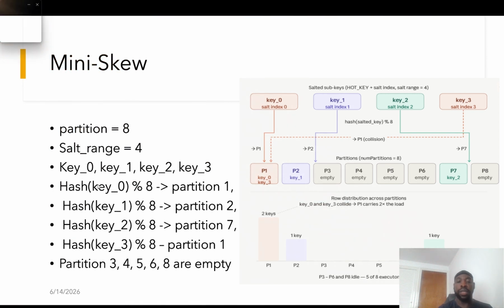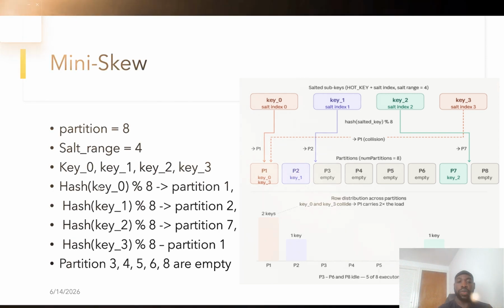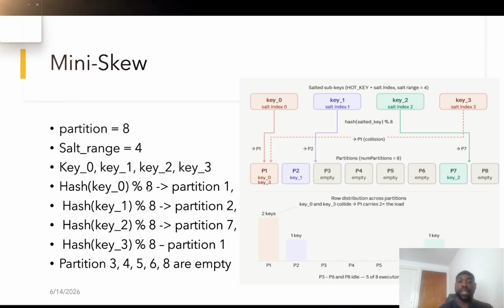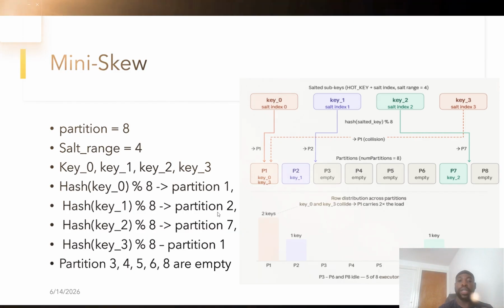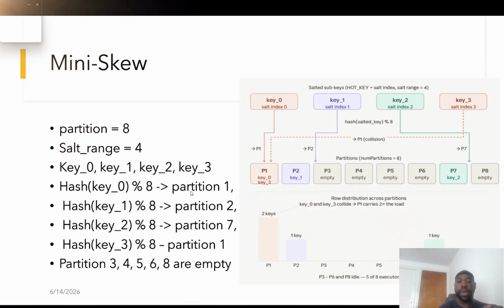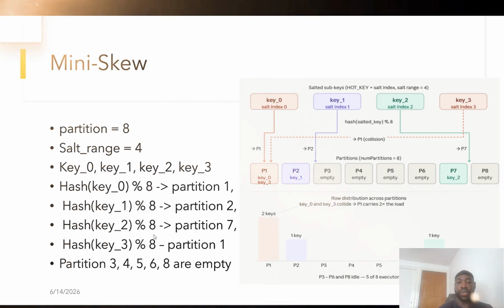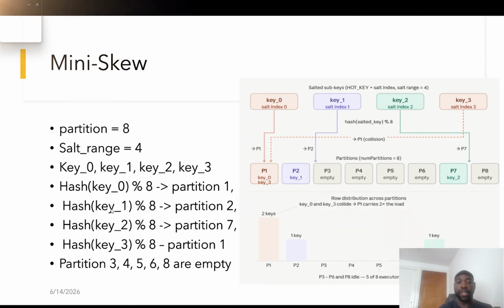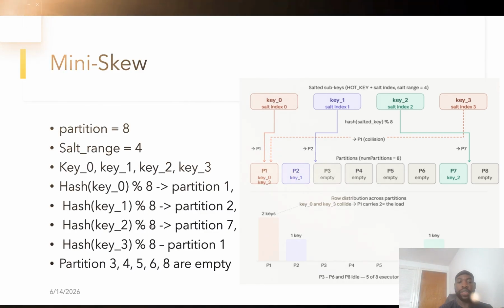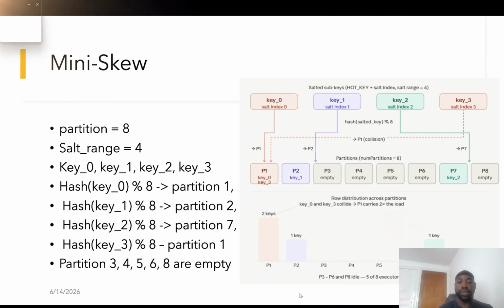When Spark calculates which record should go to which partition, you can see already partition 1 has 2 records, whereas partition 2 has 1 record and partition 7 has 1 record.